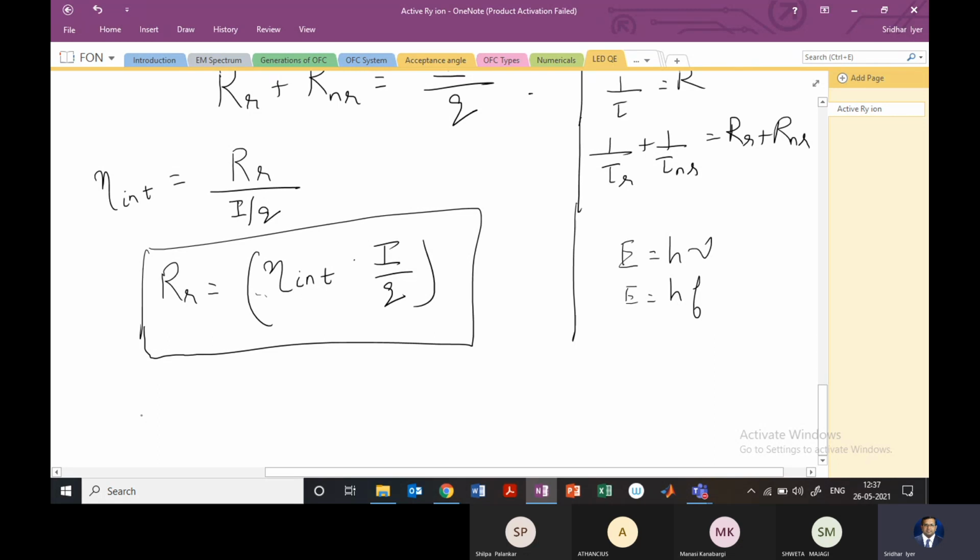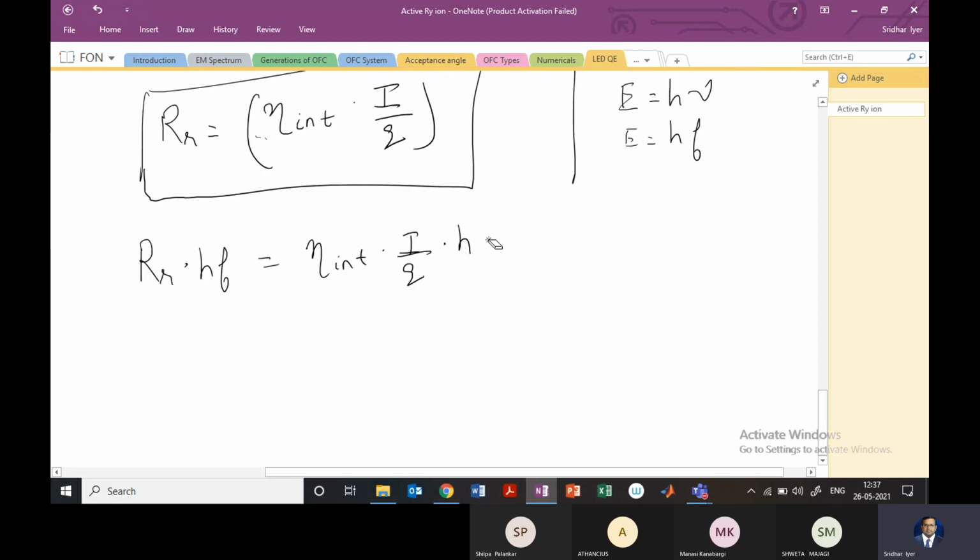So multiplying both sides with hf, you have eta_int into I divided by Q into hf. Now the LHS is nothing but radiative recombination into the energy, E equal to hf, and that is nothing but power.